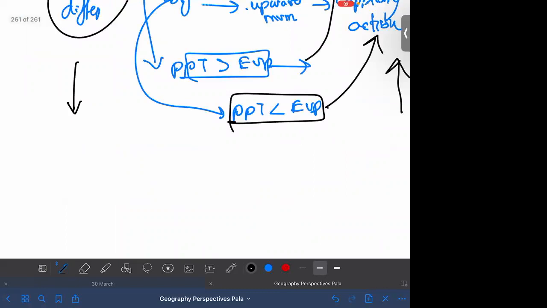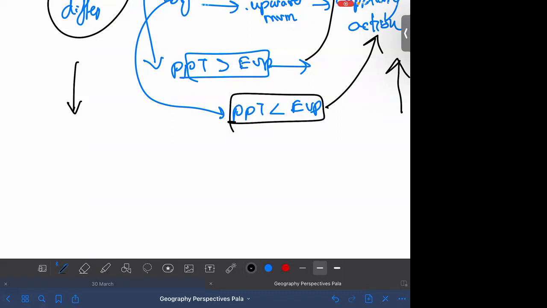We've seen that. Now the next point is vegetation. Vegetation too plays an important role. Vegetation also plays an important role in soil formation. It provides organic matter.